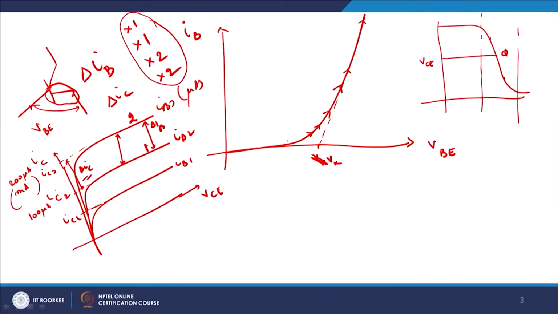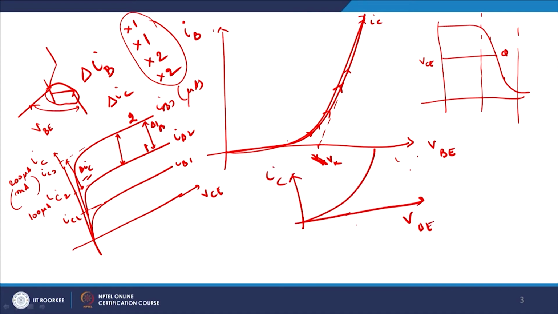And therefore, what I wanted to tell you is that if this is IB versus VBE, exactly the same graph holds for IC versus VBE. If you plot IC versus VBE, you will get the same curve again, only this IC will be in milliamperes, whereas here it was in microamperes.